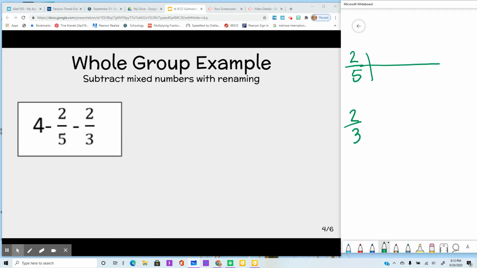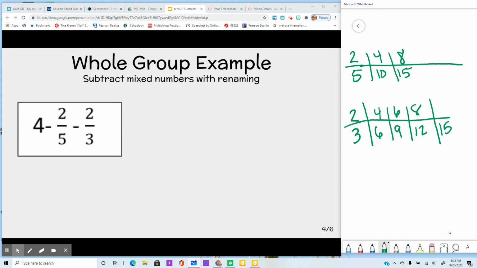Now we're not dealing with unit fractions. So 10, 15, 4, 8, 6, 9, 12, 15, 4, 6, 8, 10/15. So 4 whole.